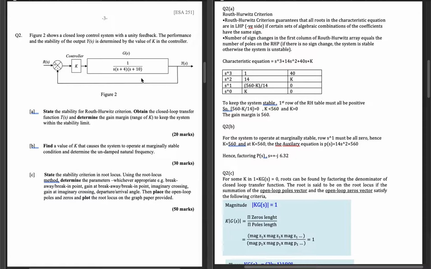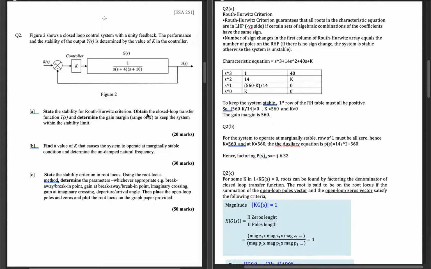Okay, let's move on. First question: state the stability criterion of the Routh-Hurwitz, then obtain the closed loop transfer function T(s) and determine the gain margin, a range of K to keep the system within the stability limits.